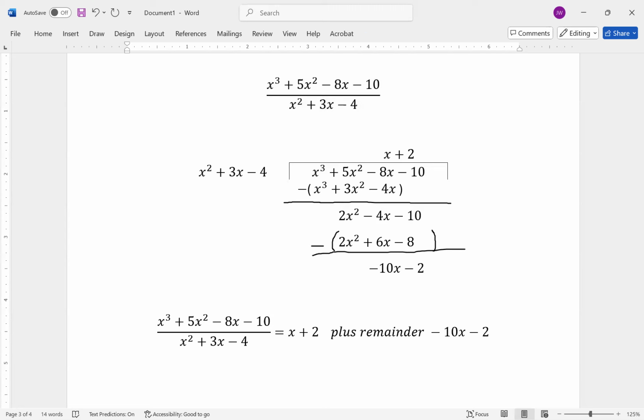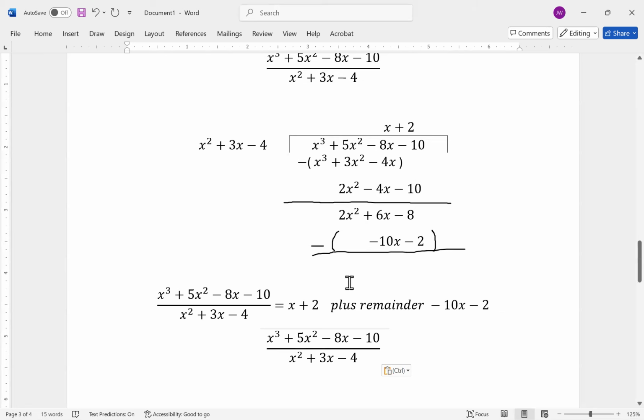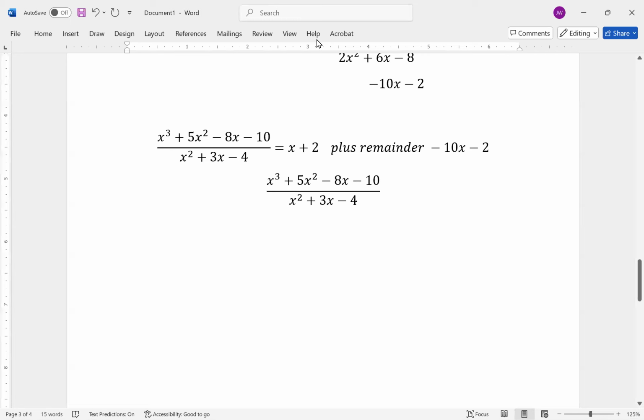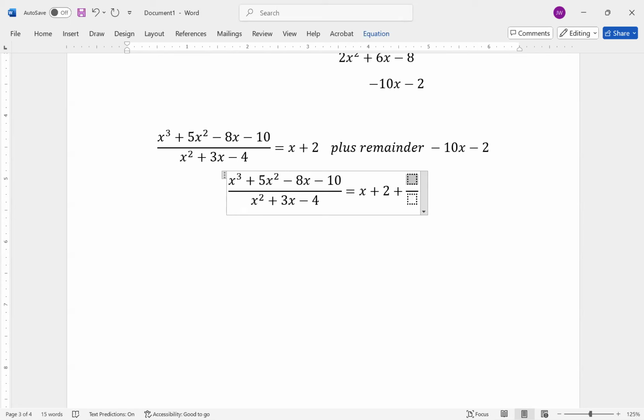Another way you can write that is x plus 2 plus, and then as a fraction, you say, I'm left with negative 10x minus 2 over my divisor of x squared plus 3x minus 4.